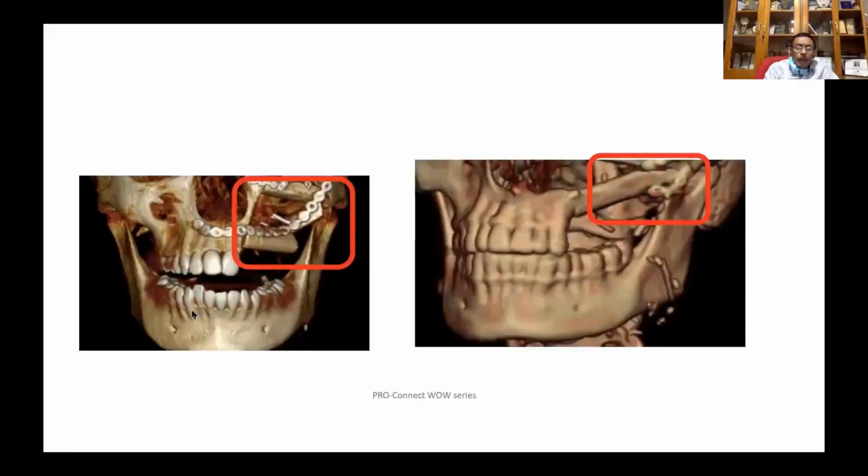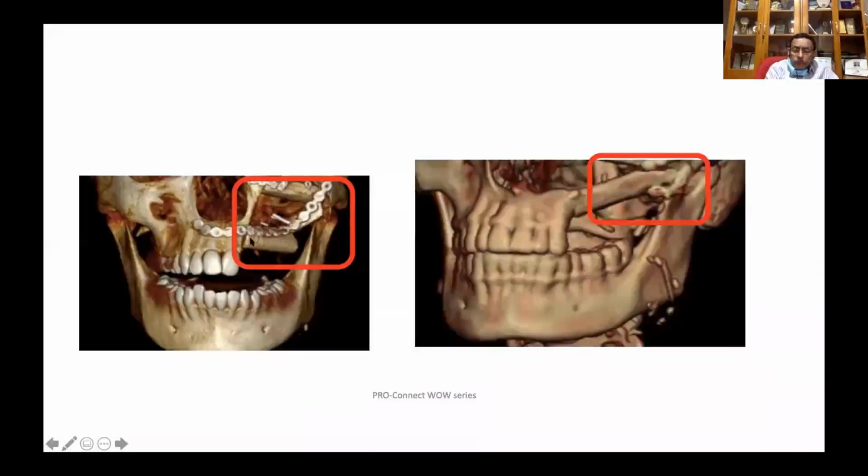Now, look at this. Your alveolus goes like that. You can stop short here for your denture. But unless you have a zygomatic connection, here the bone goes like that into the zygoma. The problem here is that the position of the bone is not congenial for real placement of denture or implants.